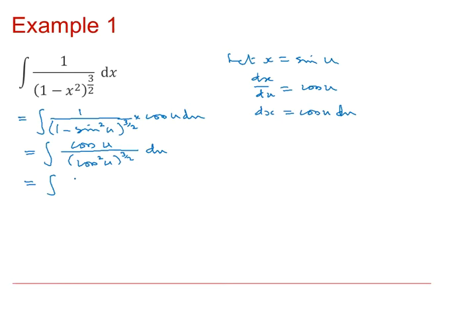So we end up with cos u over cos cubed u du. And if we cancel out the cos u, we get 1 over cos squared, which can be written as the integral of sec squared u with respect to u. So we've ended up, by making a sensible substitution, with something that is much easier to integrate.